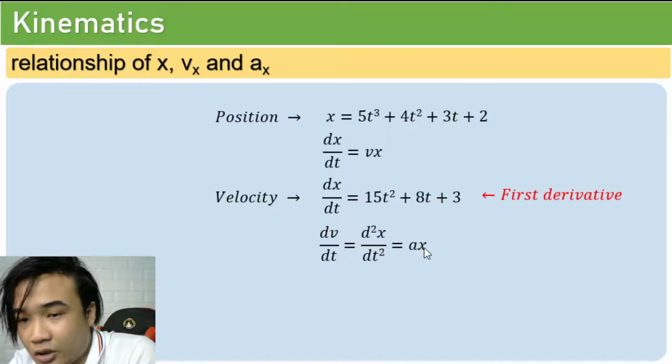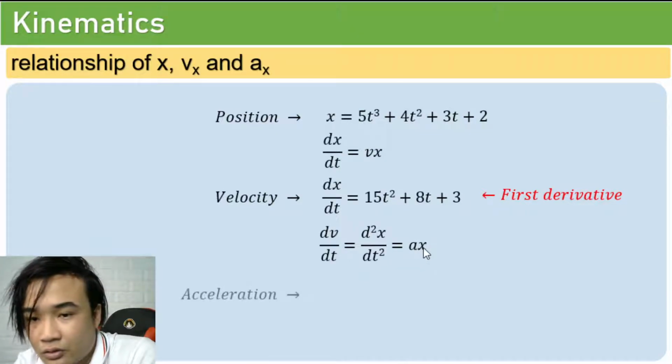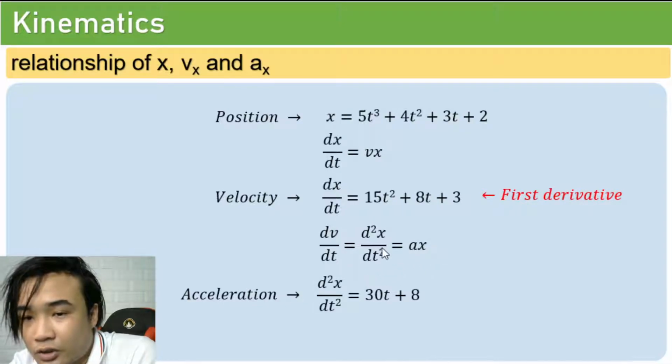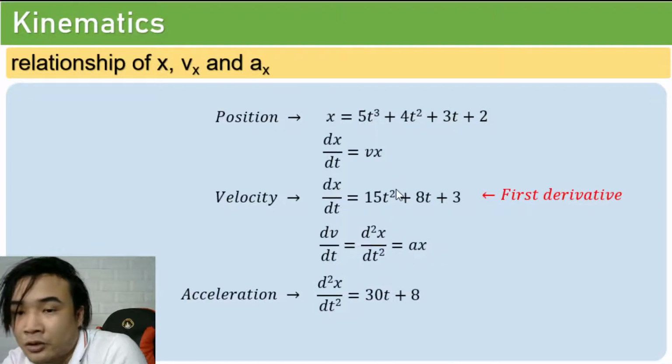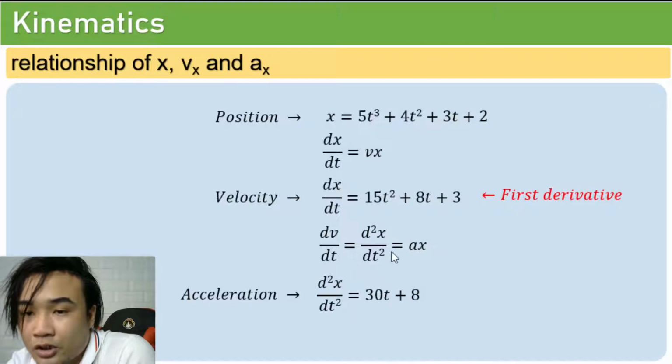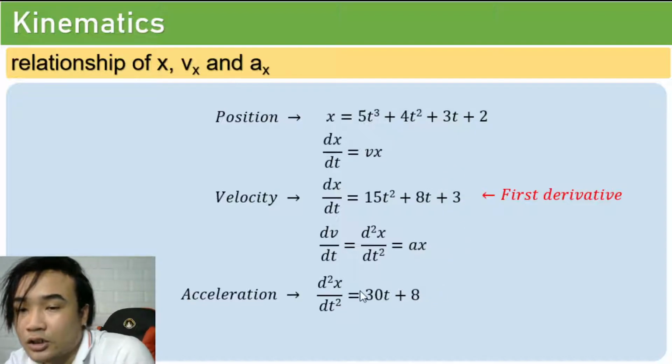That is equal to ax, or the acceleration. So the second derivative: 15 times 2 is 30, 2 minus 1 equals t. Here, 1 times 8 is 8, 1 minus 1 equals 0, so only 8 is left. Then the derivative of the constant is 0. So this is the acceleration.